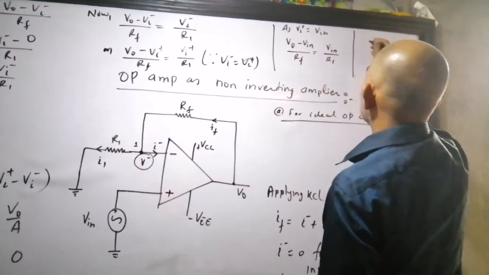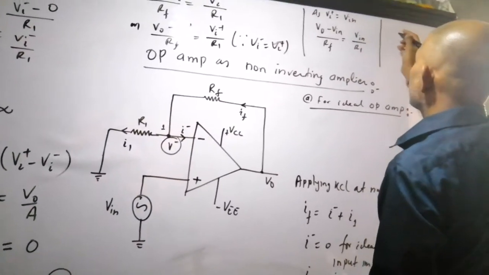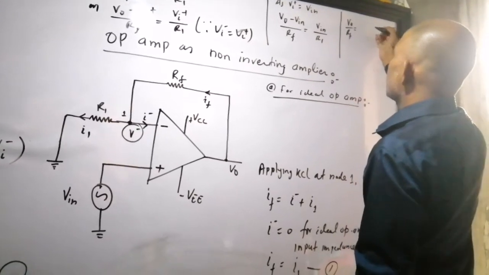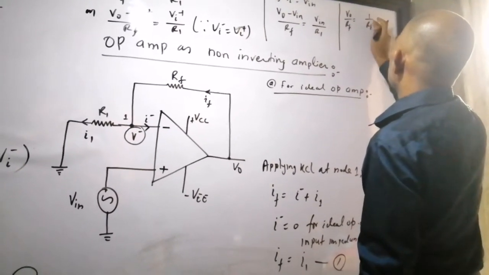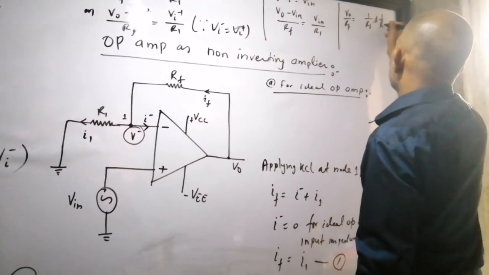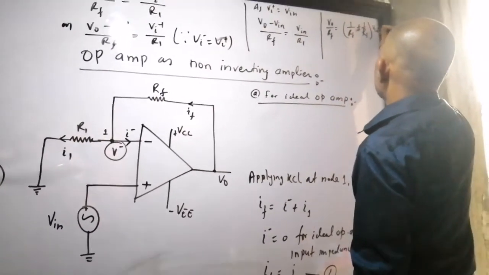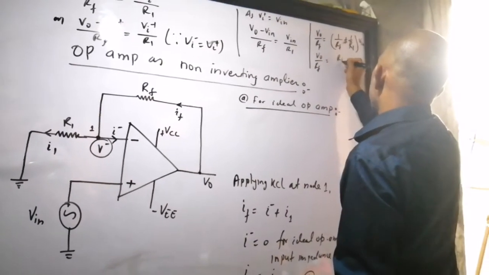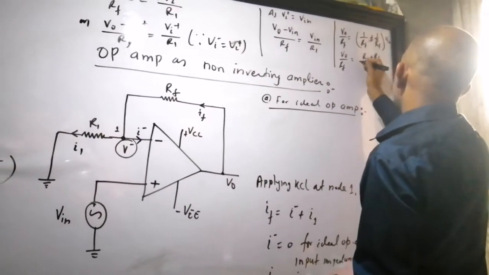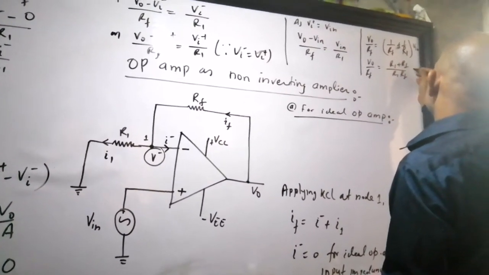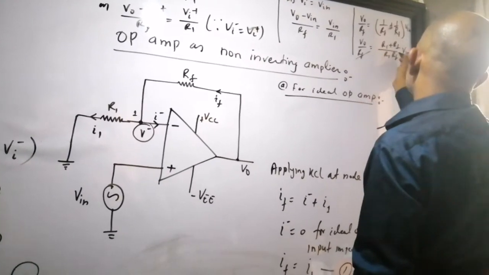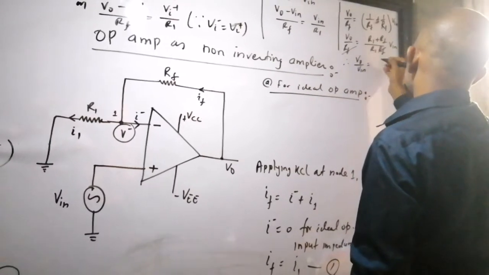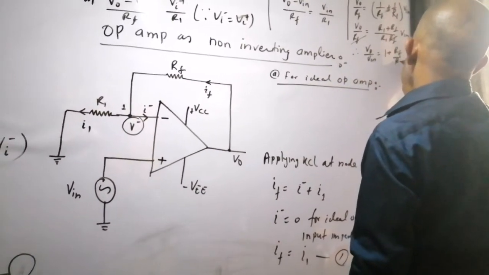Vin I'll take on the right side, and so Vout upon RF will be equal to 1 by RF plus 1 by R1 times Vin, and so Vout by RF will be equal to R1 plus RF by R1 times RF, times Vin, and one RF we can cancel, and we get Vout by Vin equals 1 plus RF by R1.